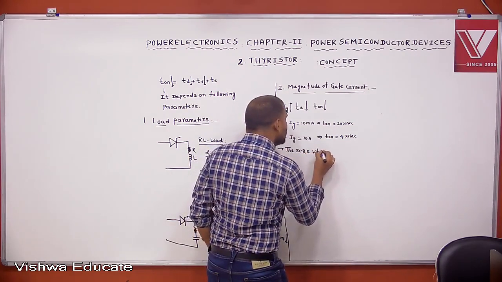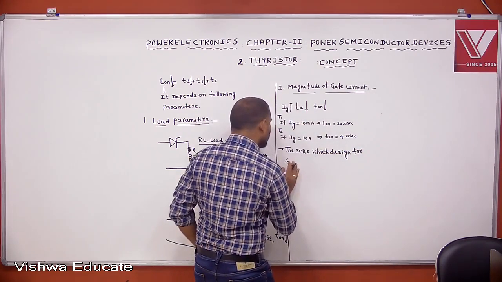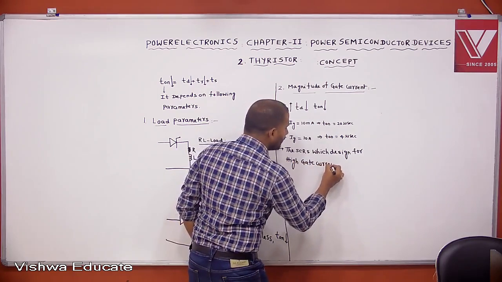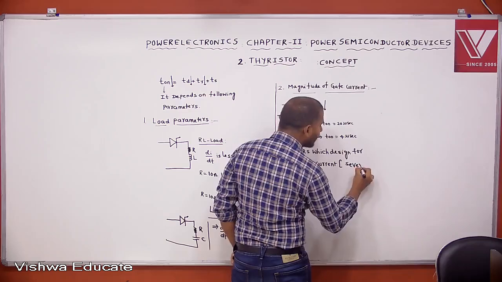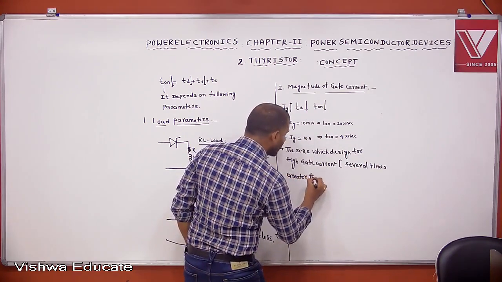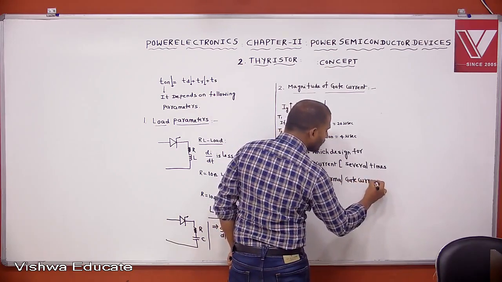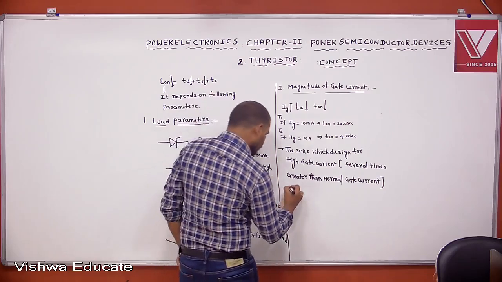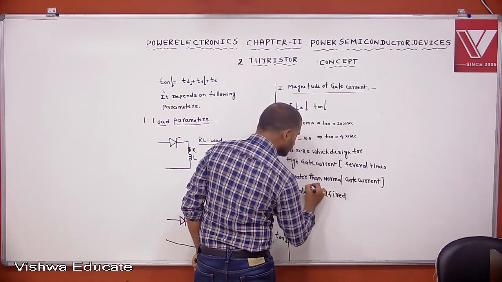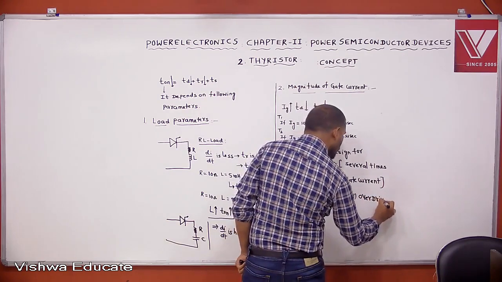The point to remember: the SCRs which are designed for high gate current, that is several times greater than the normal gate current requirement, are called hard-fired or overdriven SCRs.